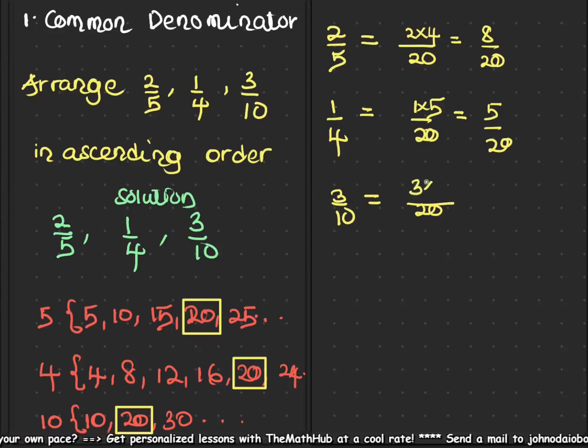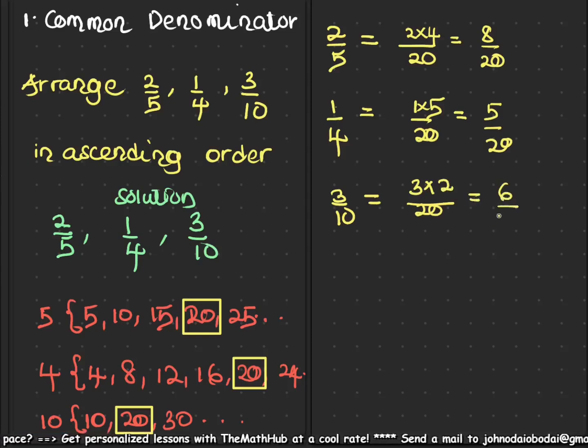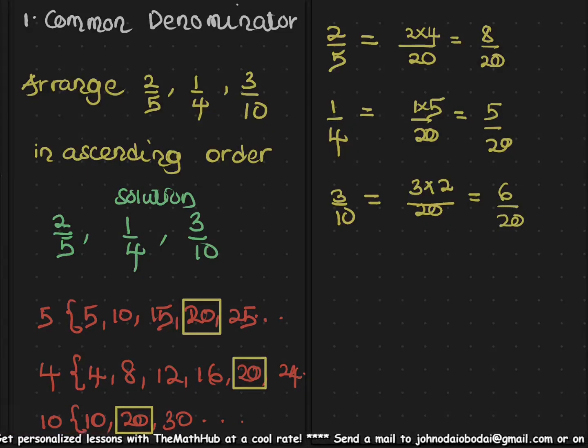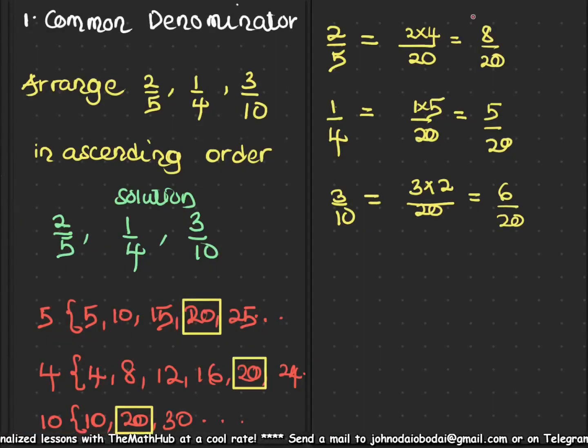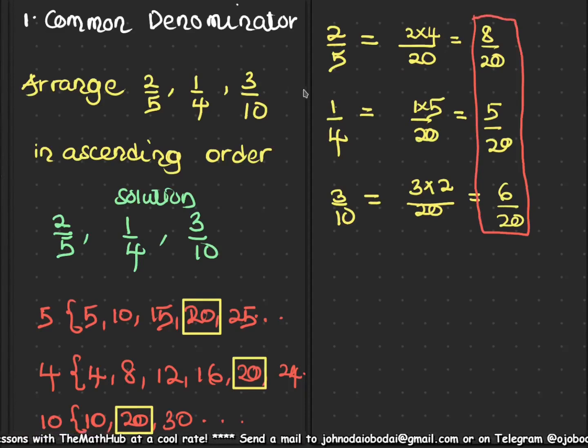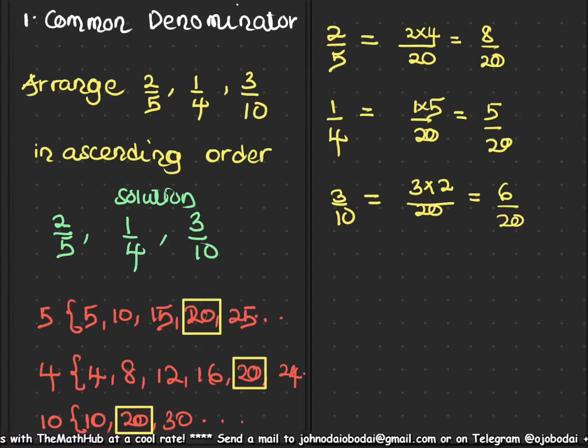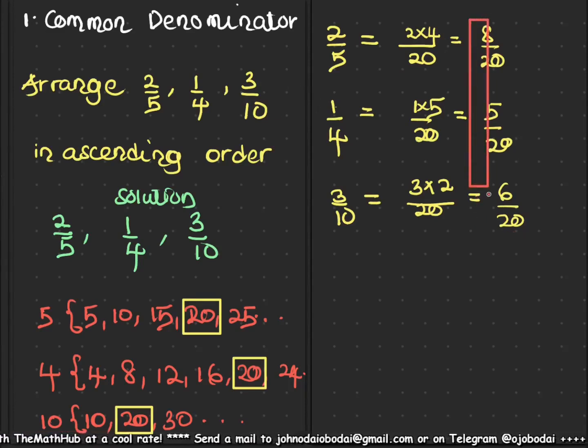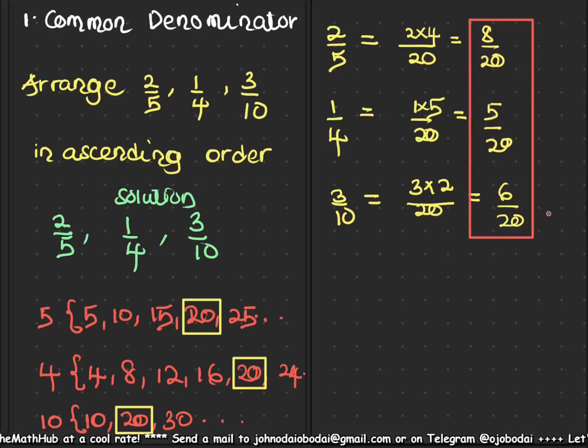That is 3 times 2, which gives us 6. So we have 6 over 20. On that note, the fractions we are going to use are what we have over here. These fractions are what we are going to use to do our arrangement.